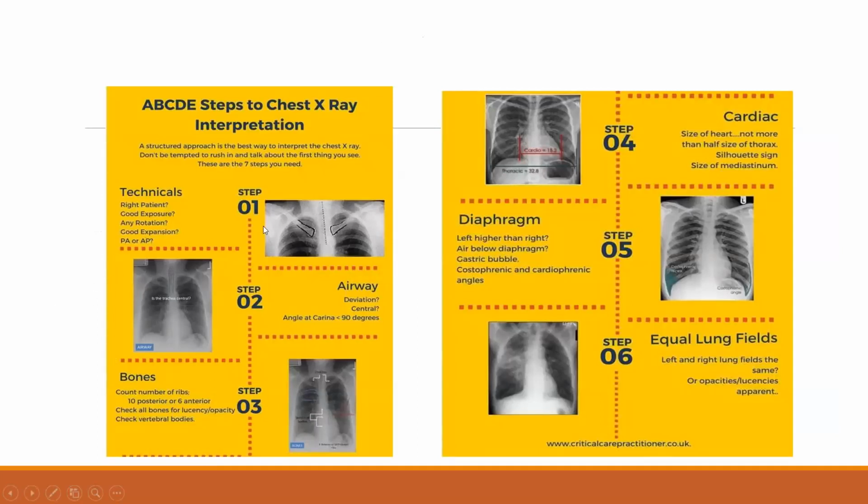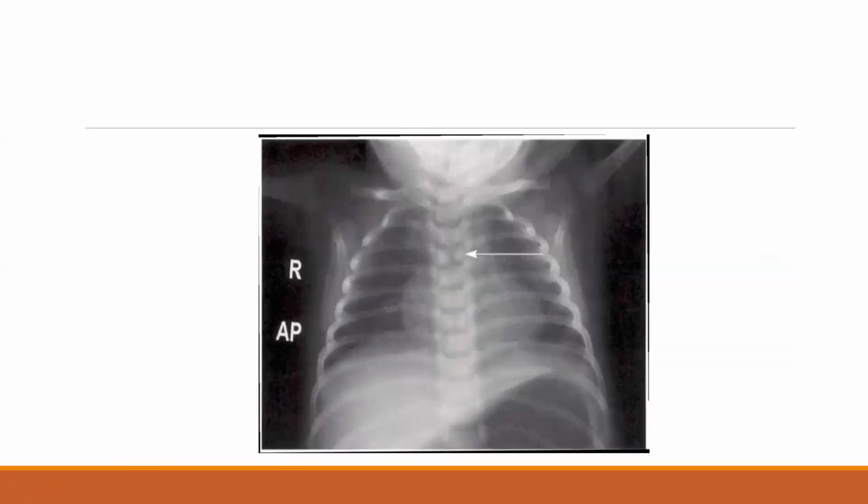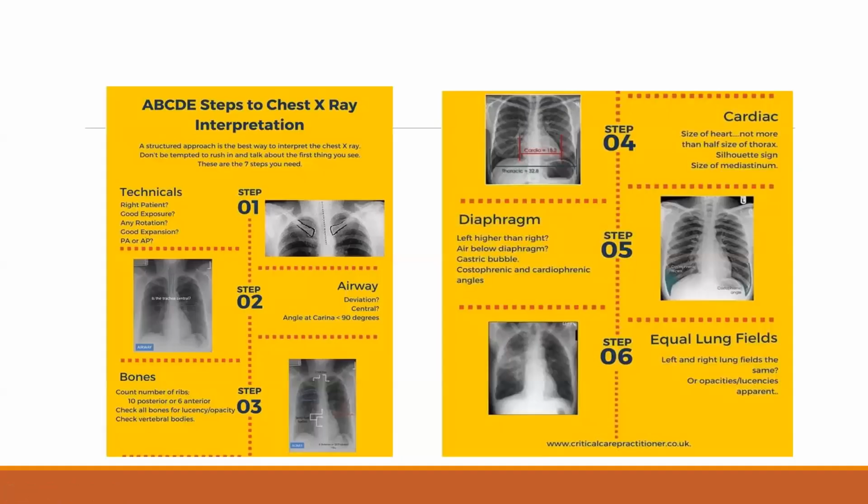When we see the X-ray, these technical things we can see first. Then is the bony structure appropriate, and how is the airway? We can see the diaphragm, cardiac shadow, and how are the lung fields. So this step-by-step approach is there, but in the exam you do not actually get a step-by-step. But if you are very confused what the X-ray could be, then you can proceed like this.